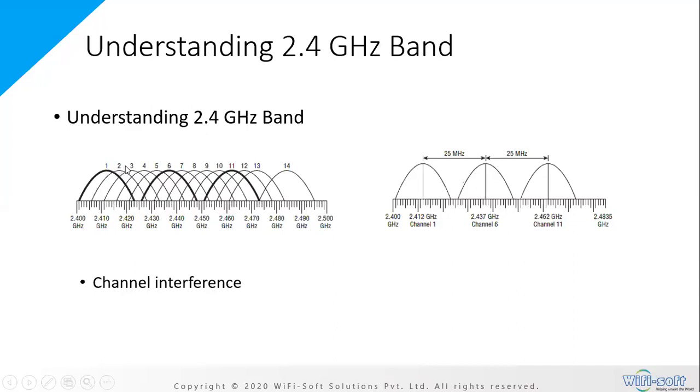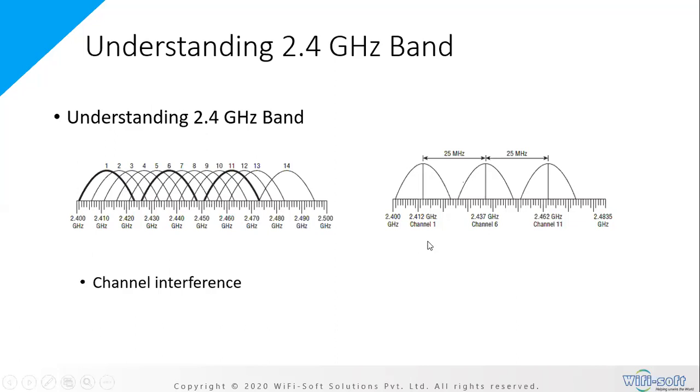So 2, 3, 4 and 5 are overlapping with the signal from 1. That essentially makes all these other bands useless if you are broadcasting in channel 1. It's called channel interference, and that is what is happening.